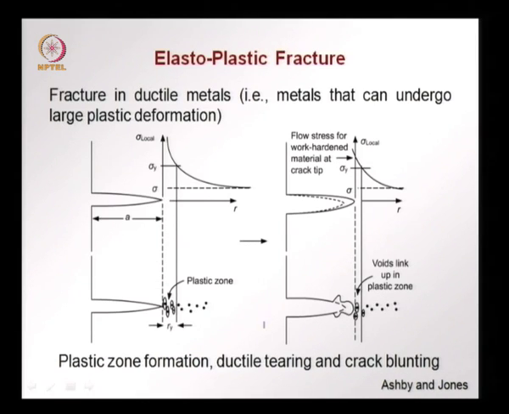In metals, especially in metals that can undergo large plastic deformation, ductile metals, we have a different type of mechanism. We have what is called elasto-plastic fracture, that is, there is a plastic zone in front of the crack tip always, and this occurs for the following reasons. We know that in front of the crack tip we have high stresses. As we approach the crack tip, the stresses will increase, and there will be a point where the stresses, according to linear elastic fracture mechanics, would be higher than the yield strength.